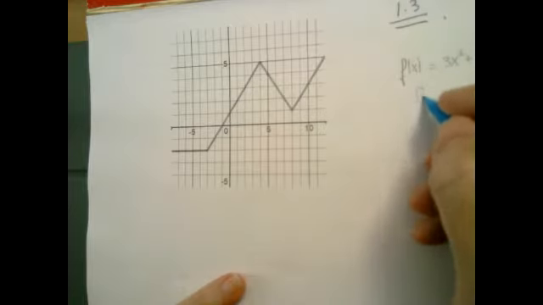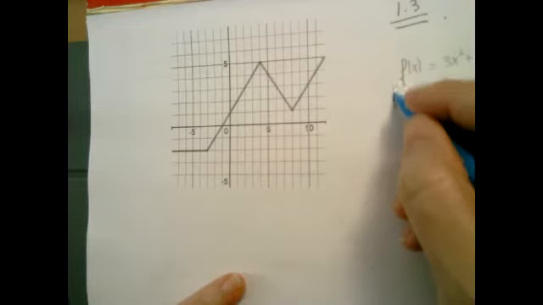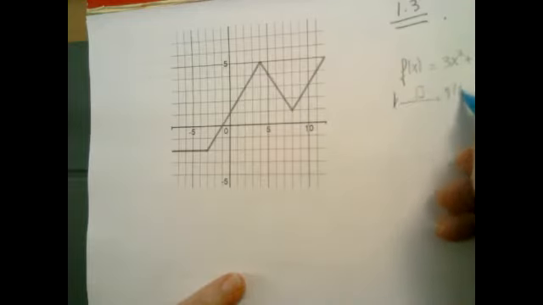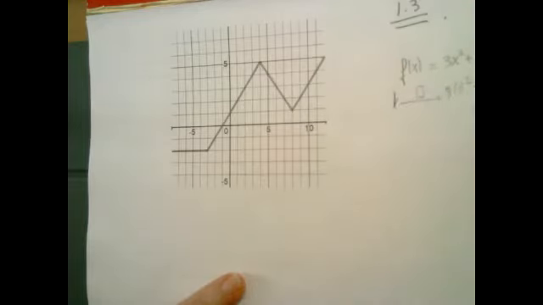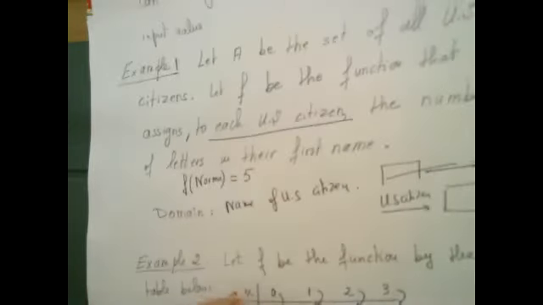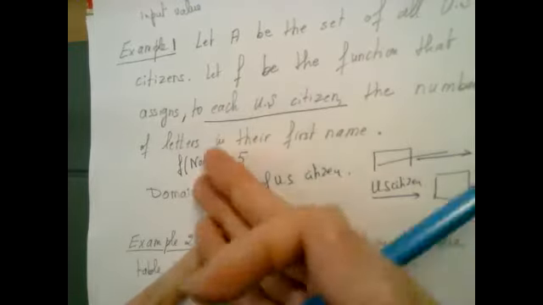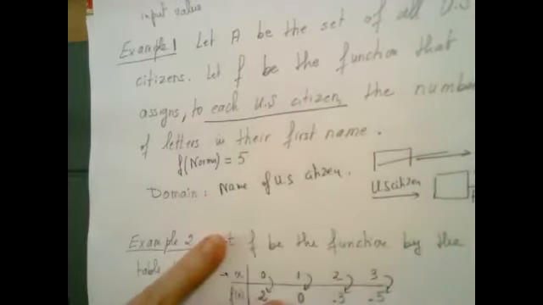I give you the input, and the rule gives you the output. So you give it 1, it spits out that. That's one way a function is given to us. Another way is usually by a simple table. Another way is by words: I tell you it takes every citizen to the number of letters.